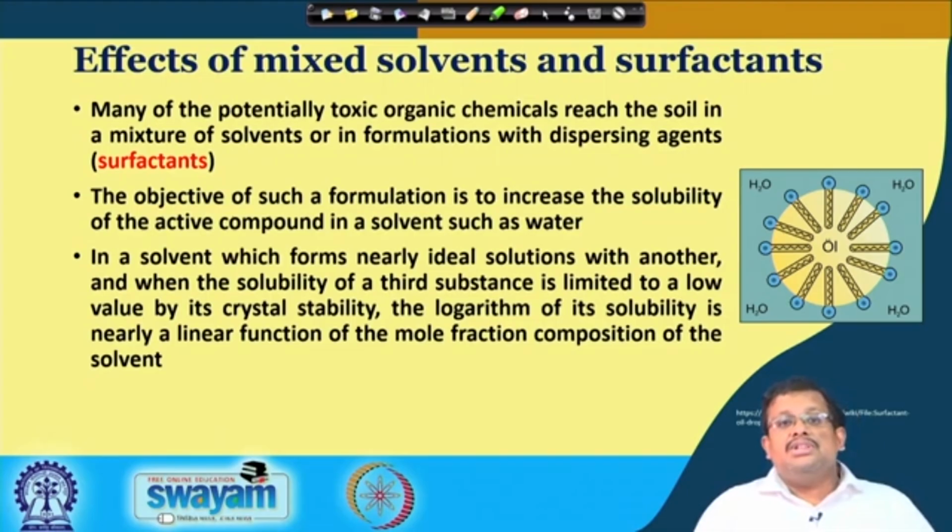Now, many potentially toxic organic chemicals reach the soil in a mixture of solvents or in formulation with dispersing agents, because these toxic organic chemicals can be easily bound by these dispersing agents. Although they are immiscible in water due to non-polarity, they can interact easily with these dispersing agents. So, that is why they can move in the water from one place to another.